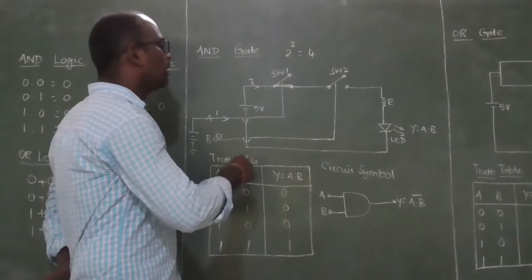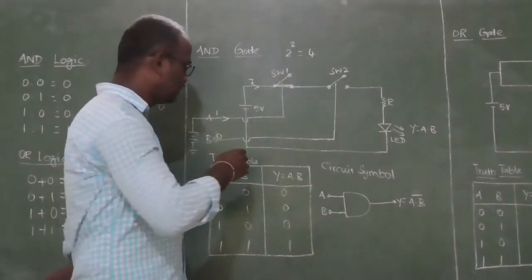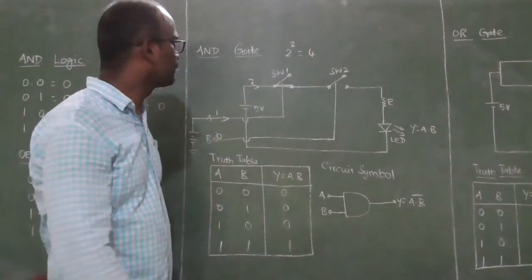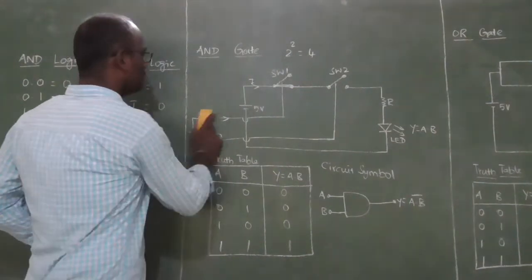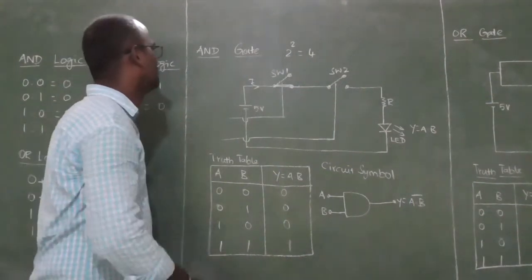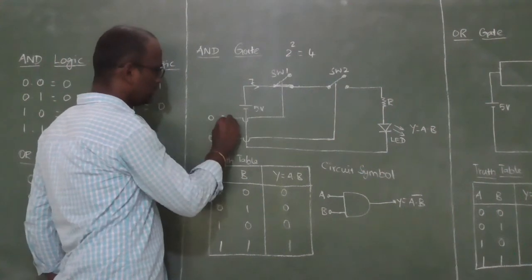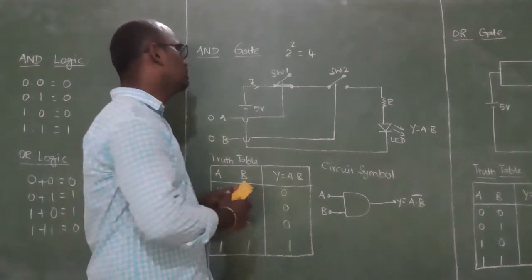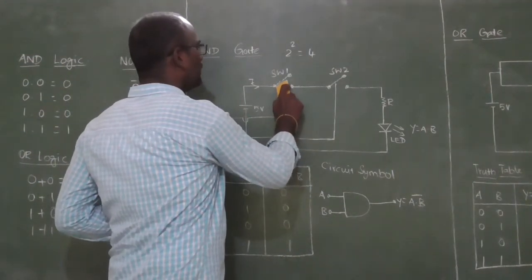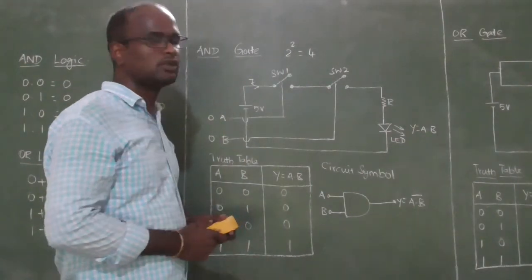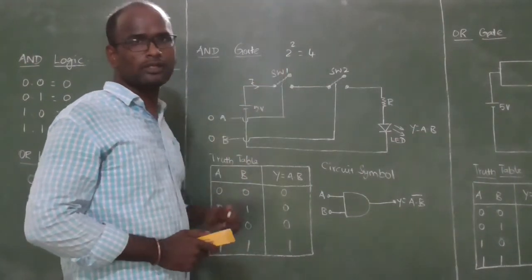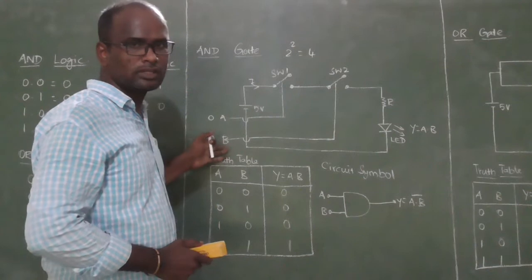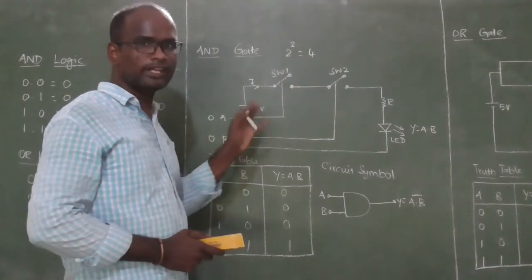Let us examine how the logic circuit will produce this output according to the AND logic gate. First of all, we have to apply 0, 0 for both the inputs A and B. Then what will happen? Both the switches are in open condition, since if we apply 0, then the switches are in open condition. If we apply 1, that particular switch gets closed.